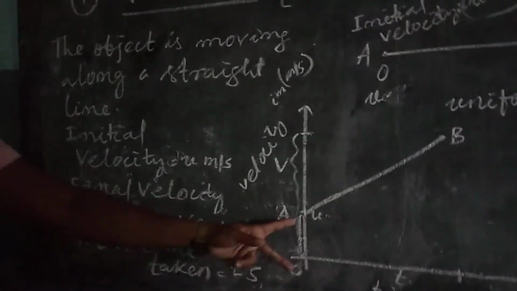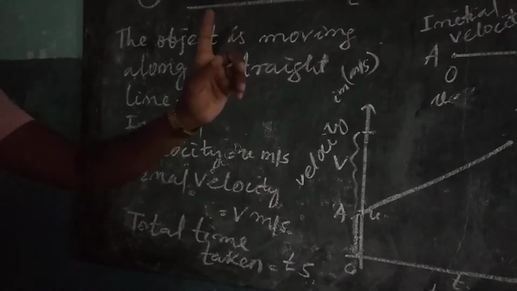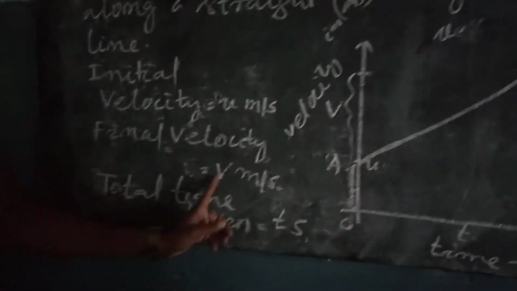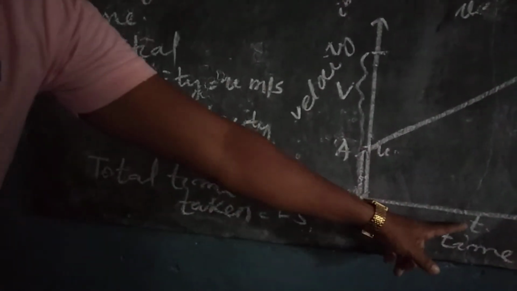Clear? We have to write all the observations here: initial velocity u meters per second, final velocity v meters per second, and total time taken t seconds.